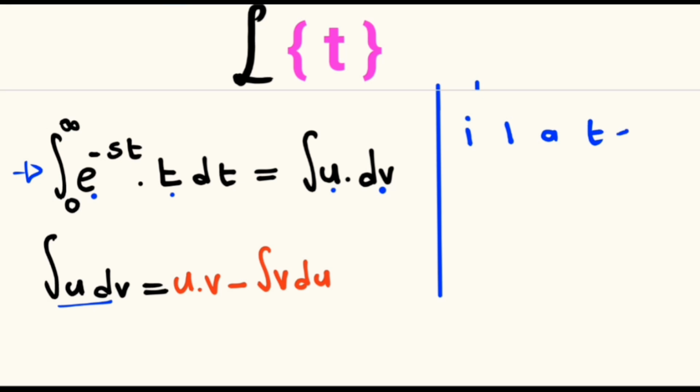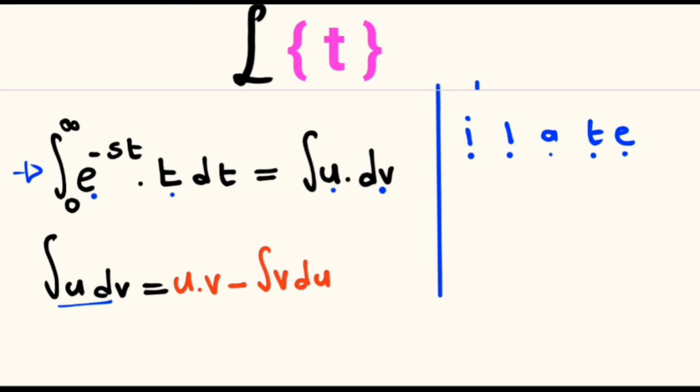So the I stands for the inverse trigonometric function, whereas the L stands for the logarithmic function, and the A stands for the algebraic function, and the T stands for the trigonometric function, and the E stands for the exponential function.